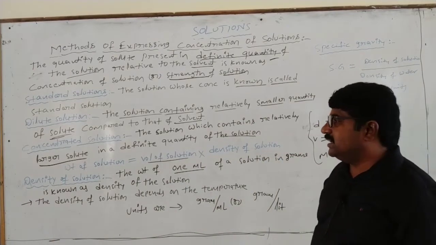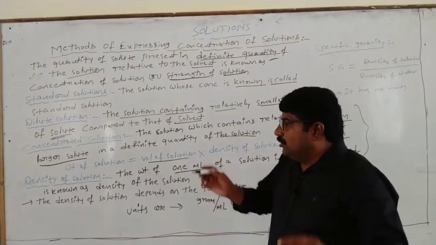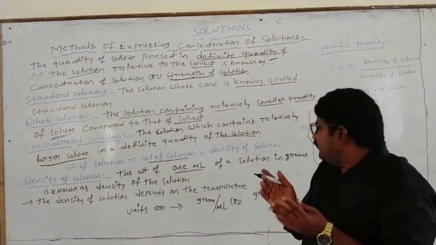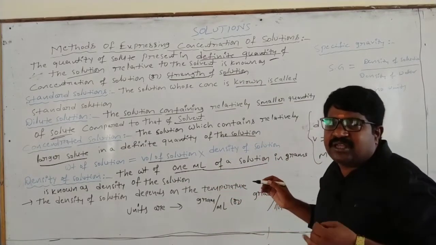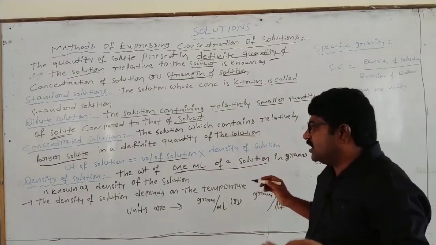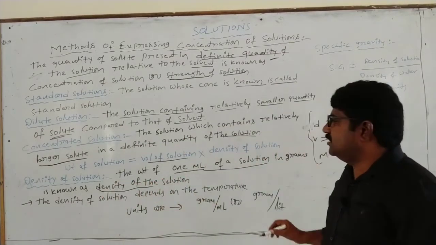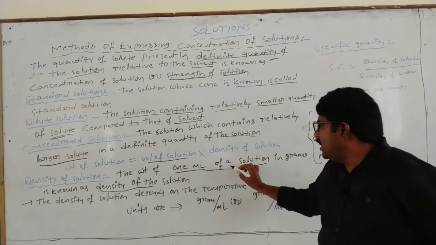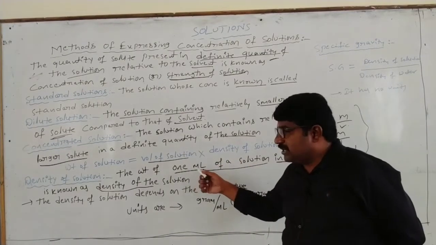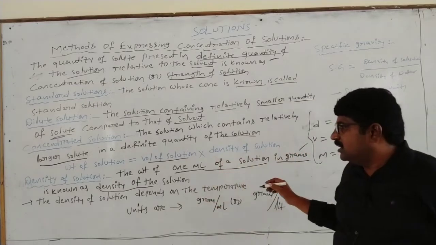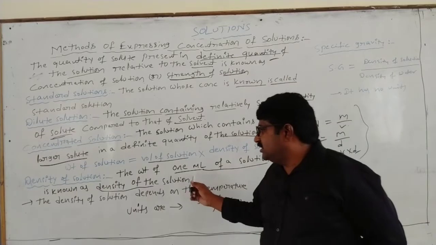Now what is the density of a solution? Density of a solution means the weight of 1 ml of solution expressed in terms of grams. So the weight of 1 ml of solution in grams is called the density of the solution.